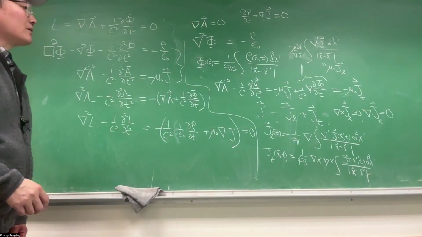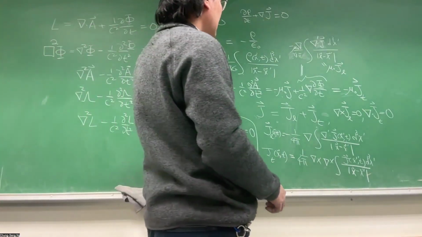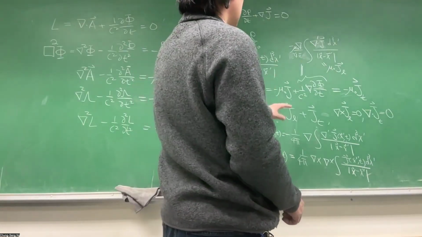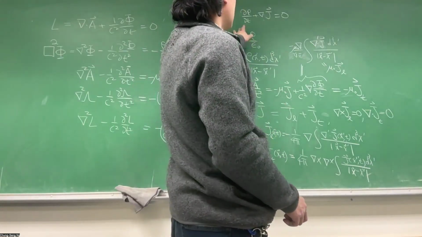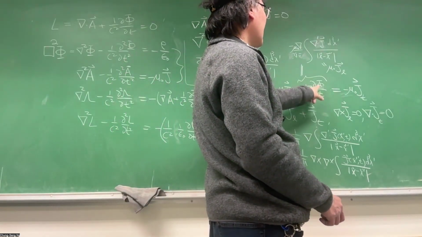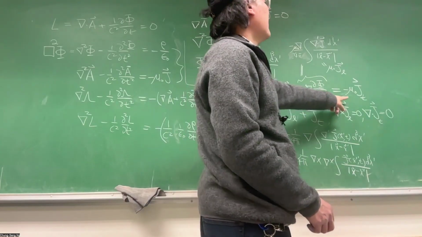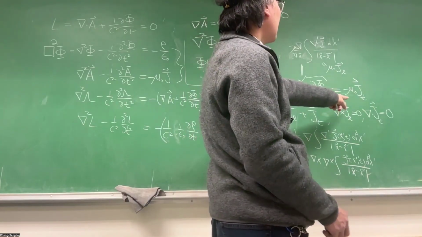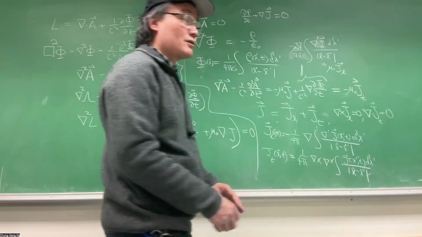Okay. So after applying the mathematical theorem and the continuity equation, we basically get rid of the apparent dependence on phi. So the right hand side becomes just the transverse current.